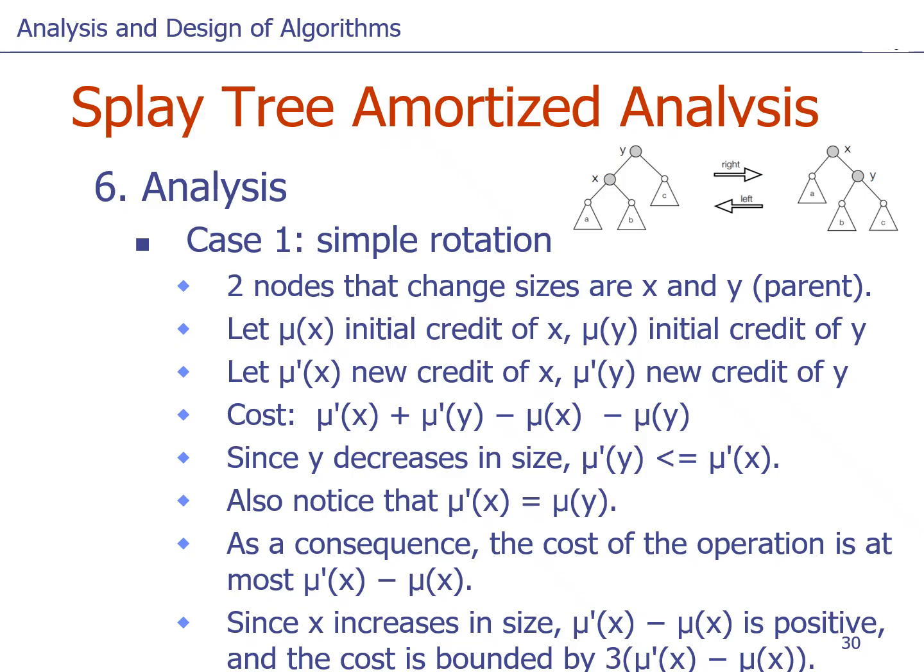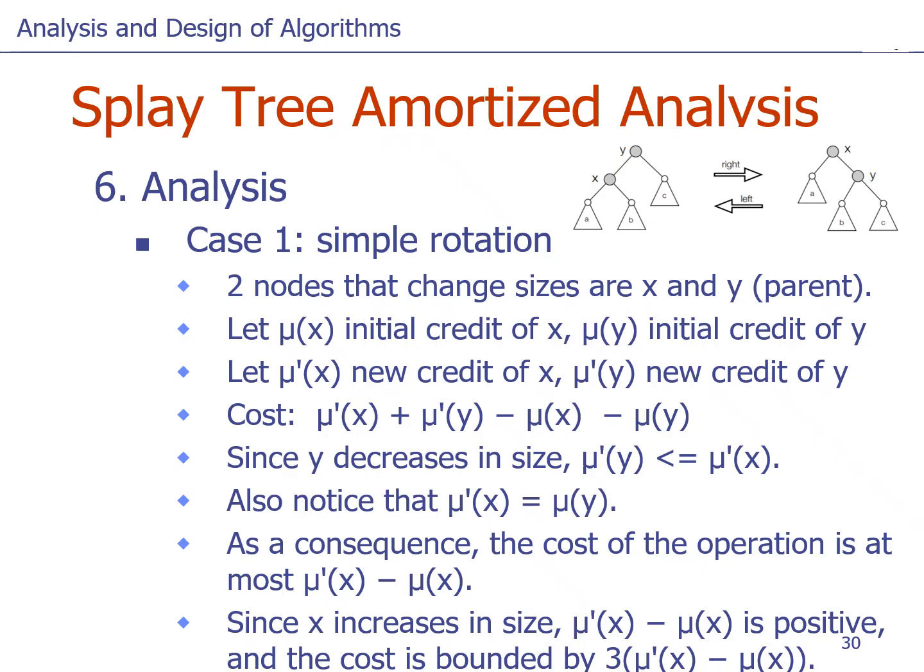So the total cost is going to be the final balance of X, which is mu dash X, plus the final balance of Y, which is mu dash Y, minus what they started with, because there were some dollars in the bank account for X. And to push X up, I will add to X's account some money I'm saving.